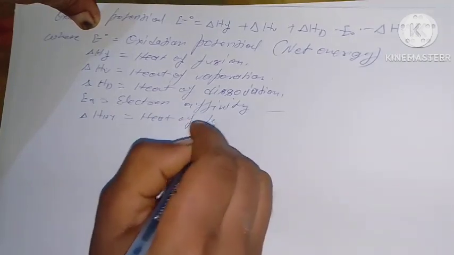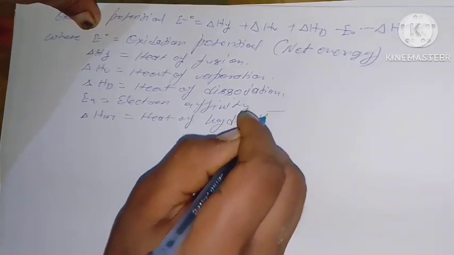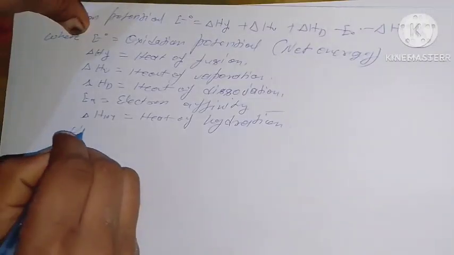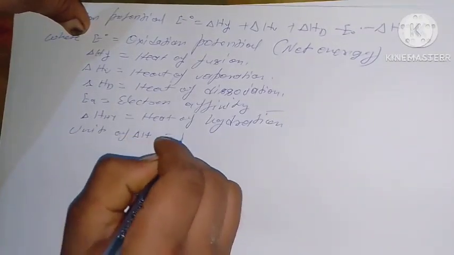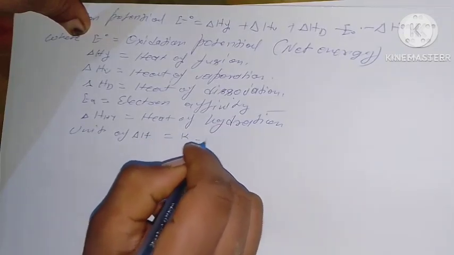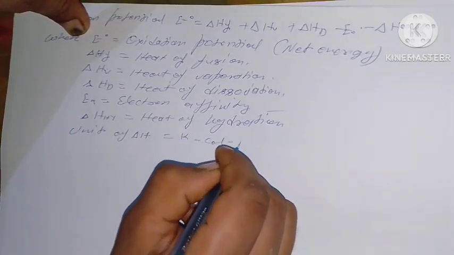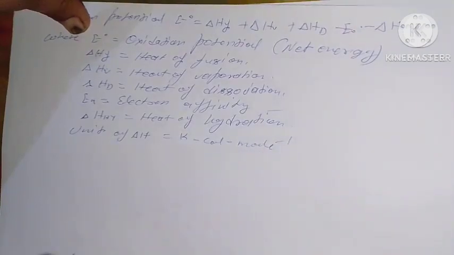The unit of delta H is kilocalorie per mole inverse.